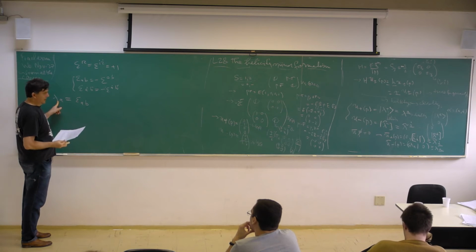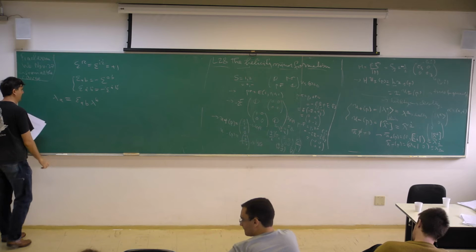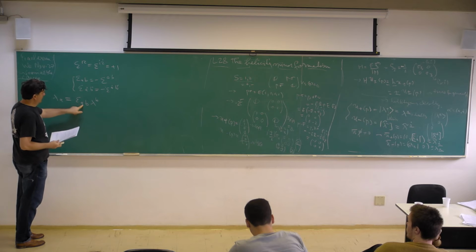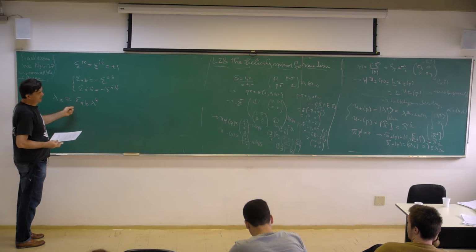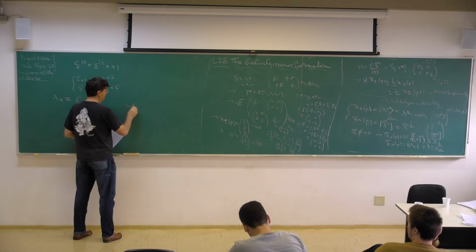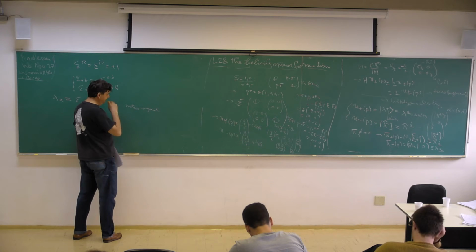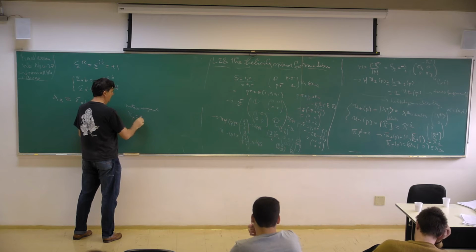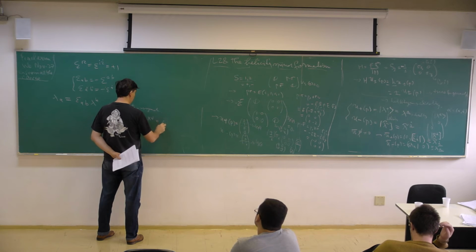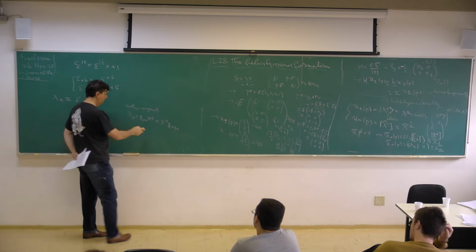So I lower the index with epsilon, for instance, so I'll write this. And now notice that the order is important, because when I lower the index with a regular metric, which is symmetric, I can write x mu equal to g mu nu x nu, and I can write this also as x nu g nu mu, because g is symmetric.